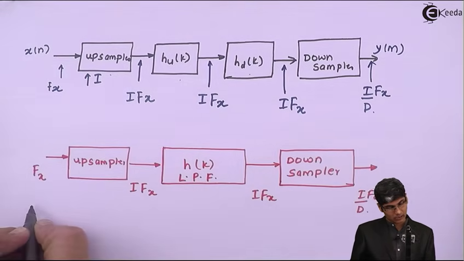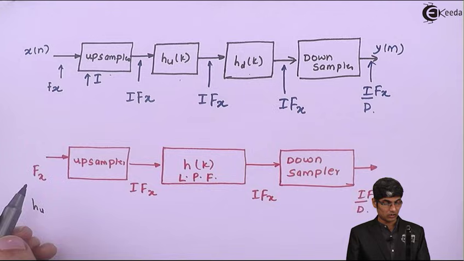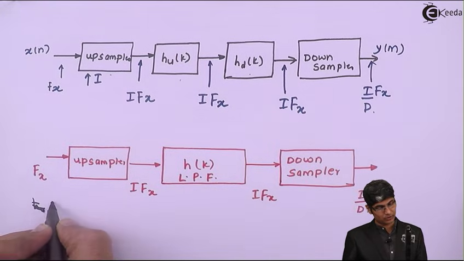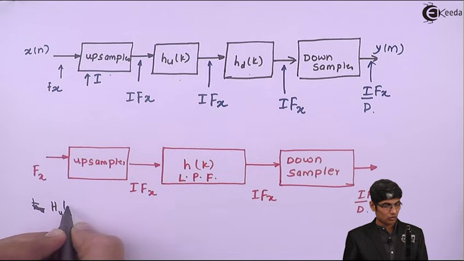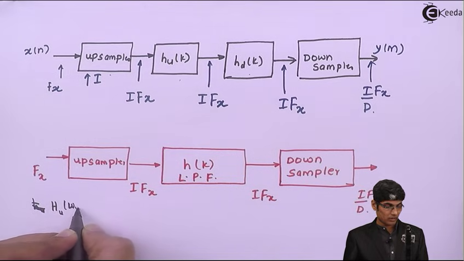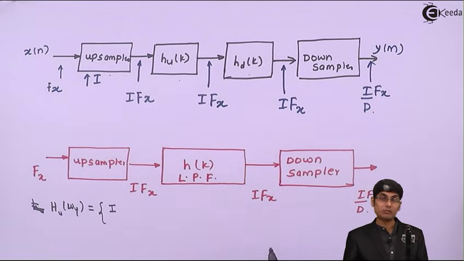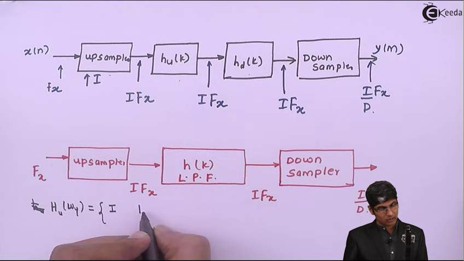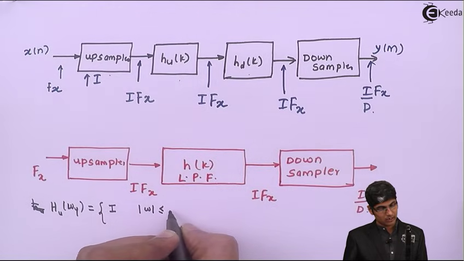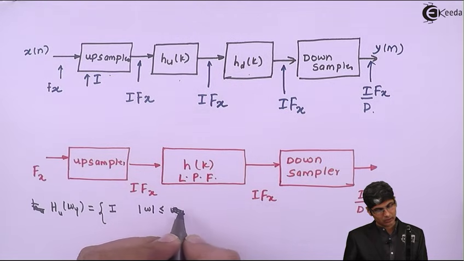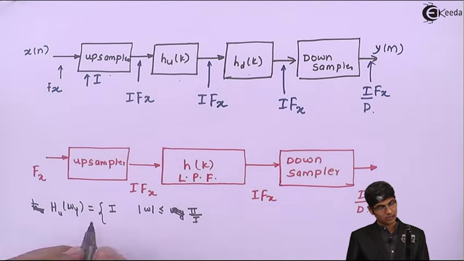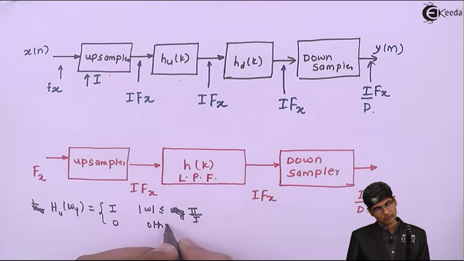If I assume two separate filters, then for HU of k I cannot specify time domain characteristics, but the frequency domain characteristics are HU of omega equal to I in the pass band, which in the idealistic situation is for mod omega less than or equal to pi by I, and 0 otherwise.